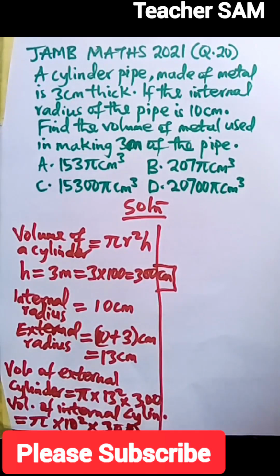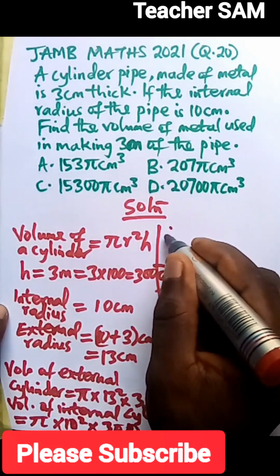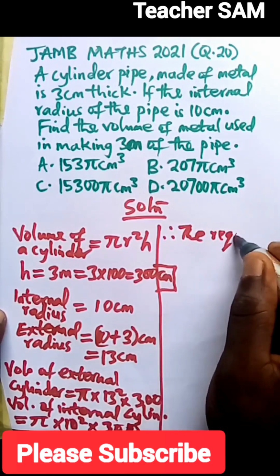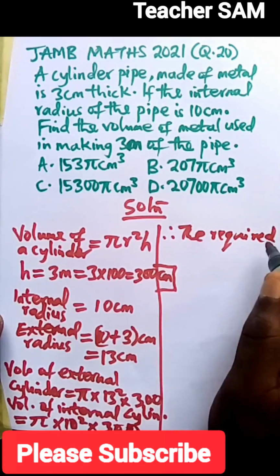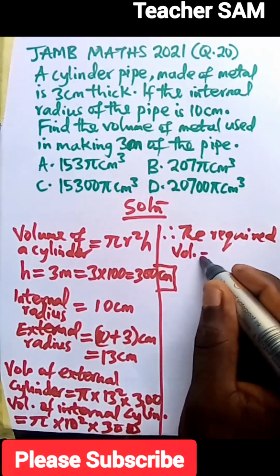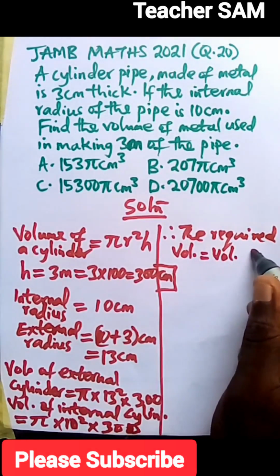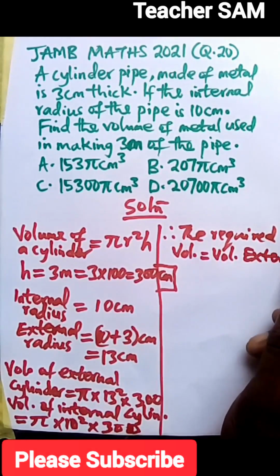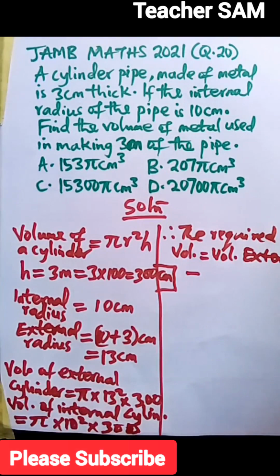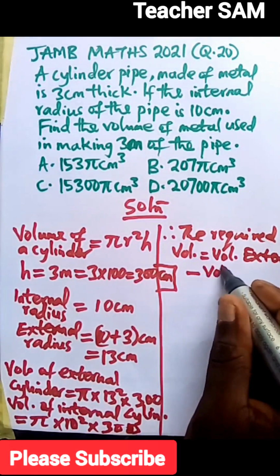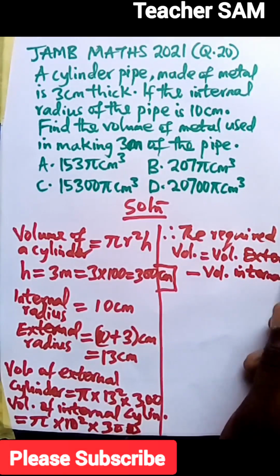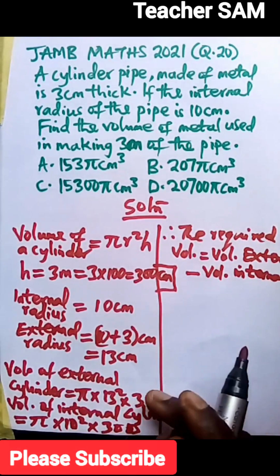Now the required volume will therefore be equals to volume of external cylinder minus volume of internal cylinder.